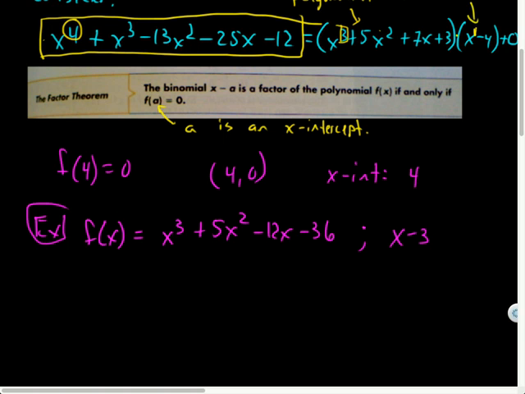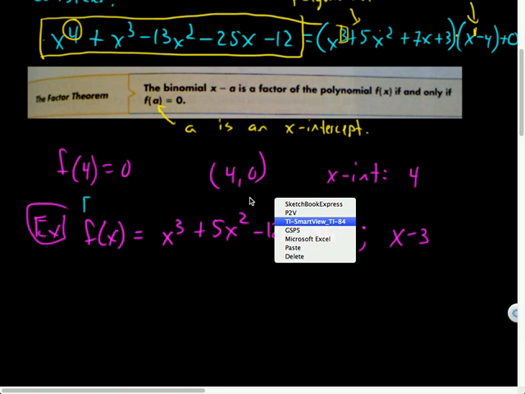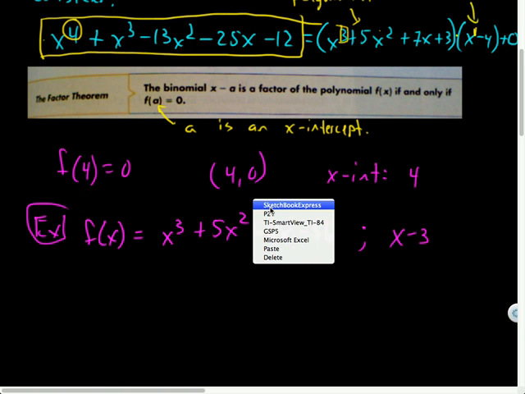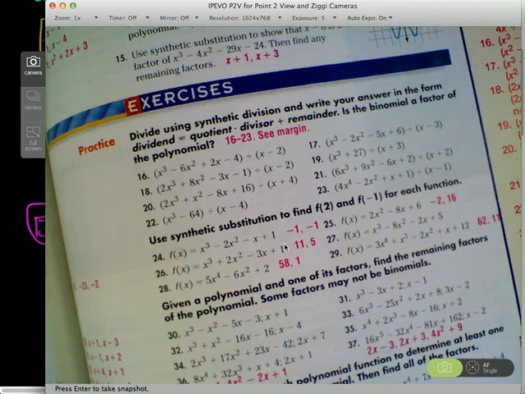So the directions for this would be something like, actually let me steal the directions right from what our homework will be. It'll say, given a polynomial and one of its factors, and I might as well make sure that we're ready for our homework tonight, right?